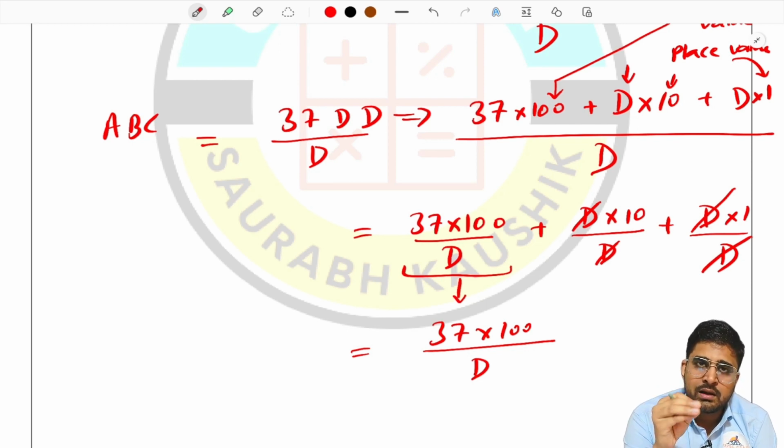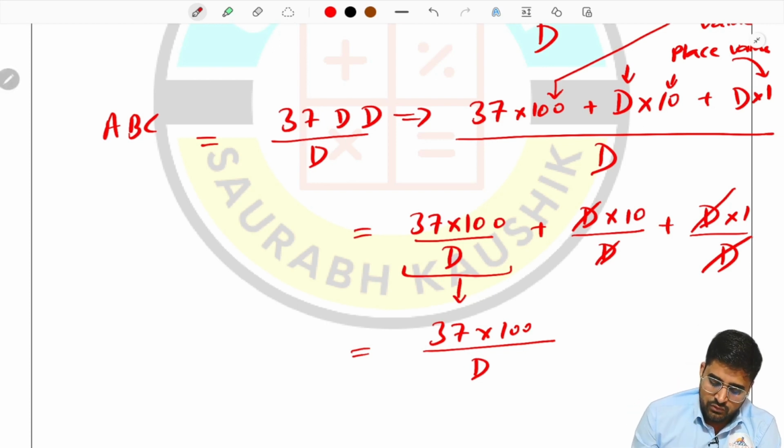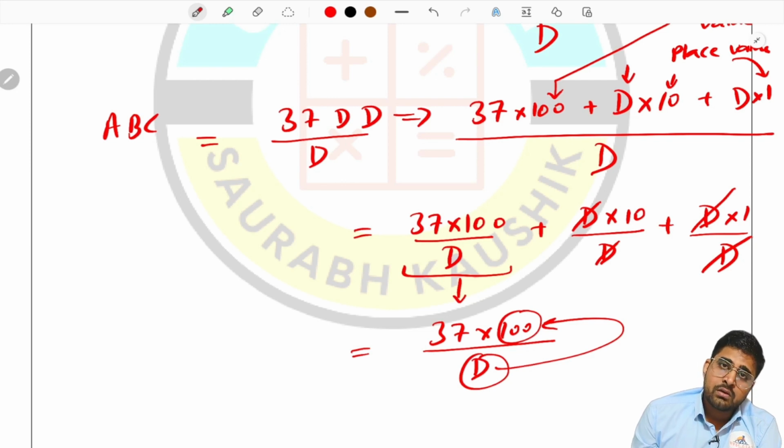So there is no chance that D is going to divide 37. So D has to divide the 100 only.